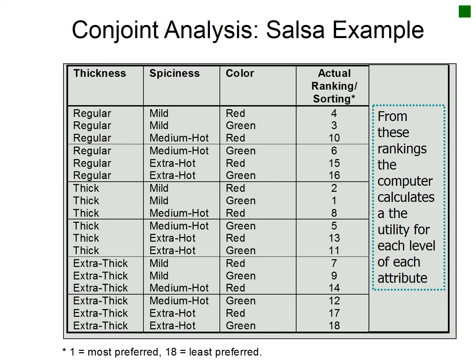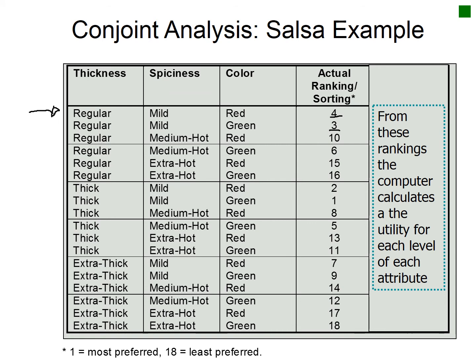Here's the data laid out in a table where we have all 18 possible varieties identified. The very first line we have regular, mild, red, and that ended up being ranked 4th. Then we had regular, mild, green, which ended up being ranked 3rd. Just looking at these two, thickness is the same and spiciness is the same. The only difference was red or green, and green was slightly more preferred than red.